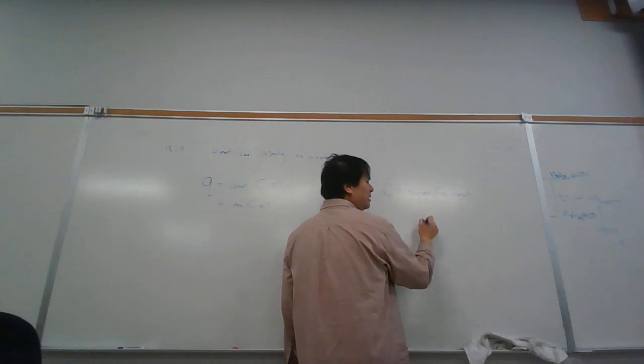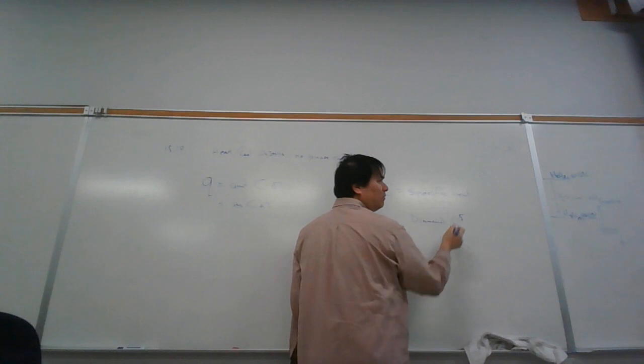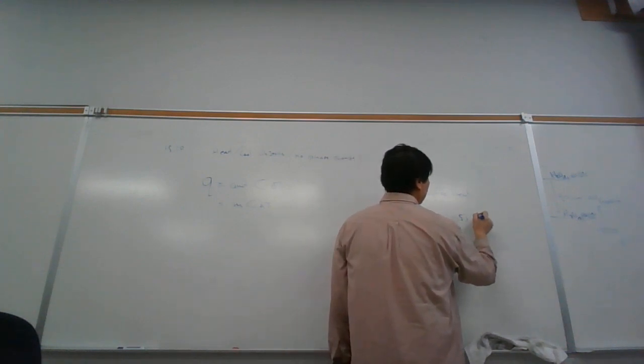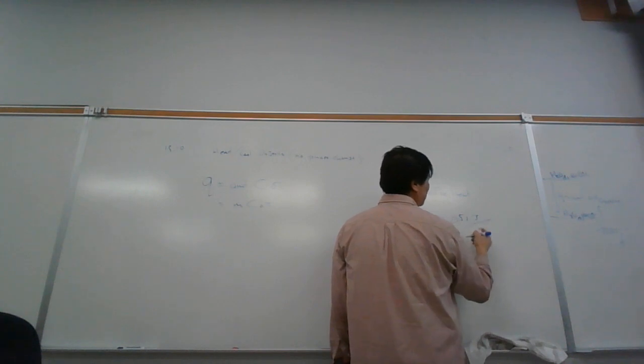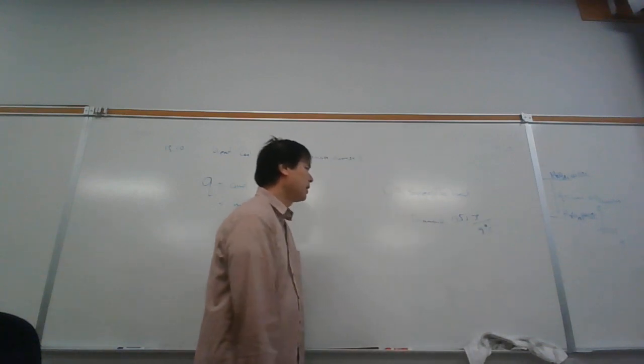So if I look at diamond, it's 0.51 joules of heat required to raise the temperature of 1 gram of diamond by 1 degree C.